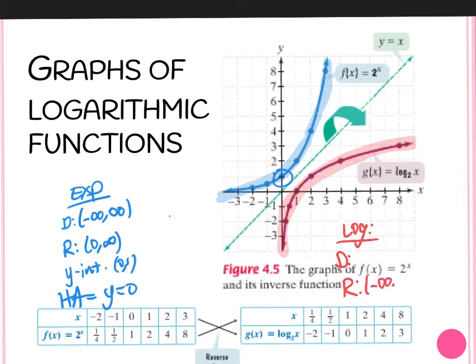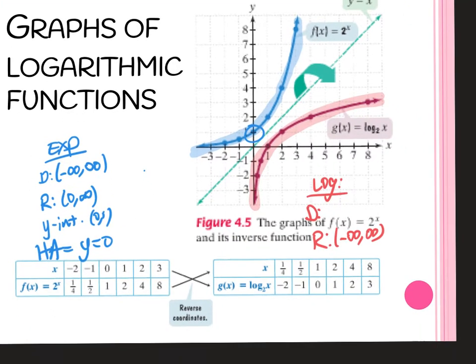Negative infinity to positive infinity. Your x's and y's switch. So in this case, my domain would be left to right, 0 to infinity for my parent function. Do you see how the x and y values switch from exponential to logs?